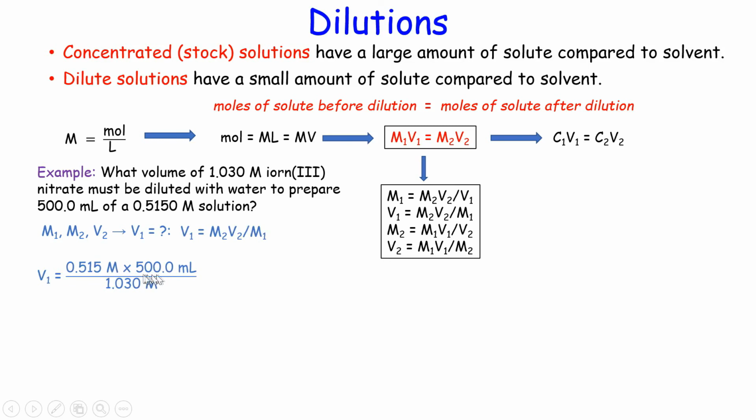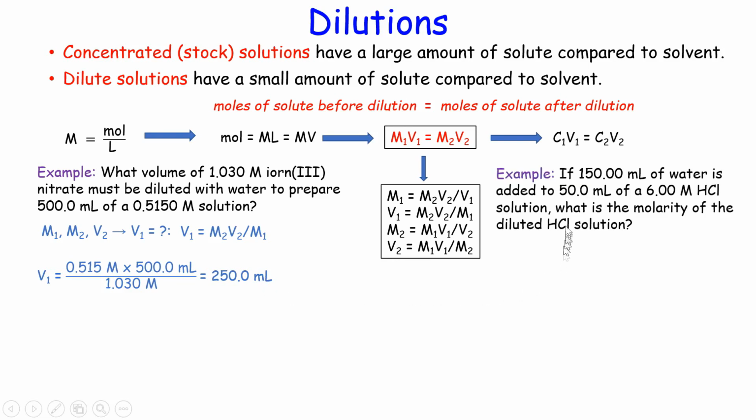Now V1 equals M2, that's 0.5150 molar, that's after the dilution, multiplied by the volume after the dilution, V2, that's 500 milliliters, then divided by M1, the stock solution before the dilution, that's 1.030 molar. Then we have 250 milliliters. That's the answer for this question.